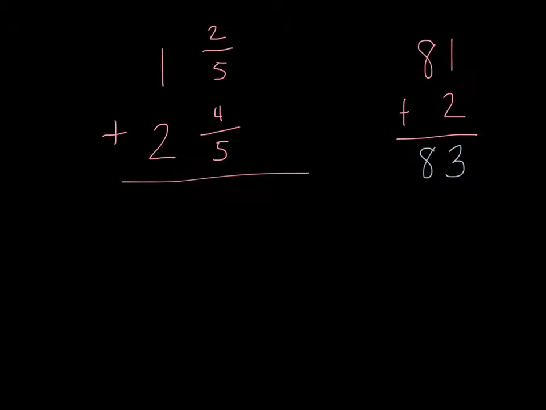So 83, 8 representing the tens column of 80. The same thing happens when we look at these fractions. Now when we add together 2/5 and 4/5, that comes out to be 6/5. When we add our 1 and our 2, that added together is 3.